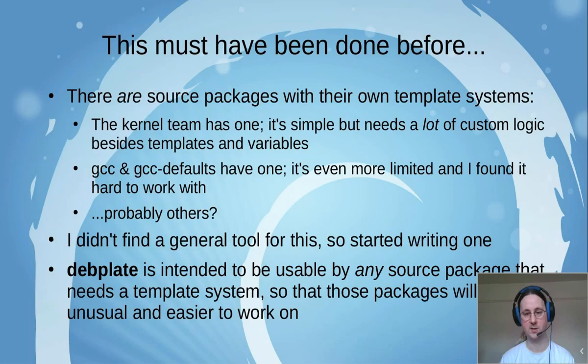So far as I could see, it's even more limited than the kernel team's one. I found it quite hard to work with when doing a GCC defaults package. There are probably others in use, but I didn't find any general tool for this when I looked, so I started writing my own one.